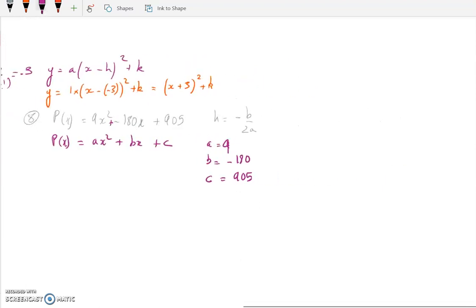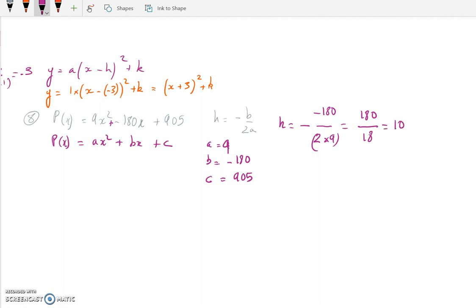Now I can calculate h. h is going to be equal to minus b, which is minus 180, divided by 2a, which is 2 times 9. Minus times minus equals plus, so 180 divided by 18, and the answer is going to be 10.